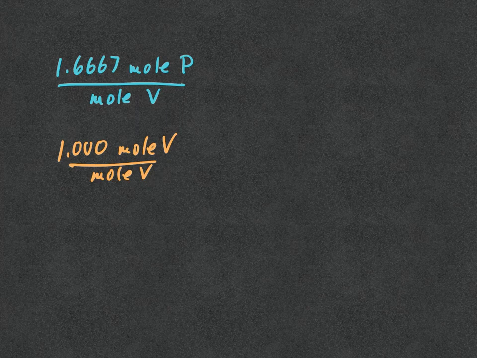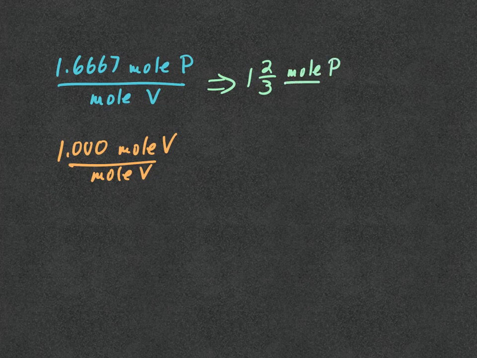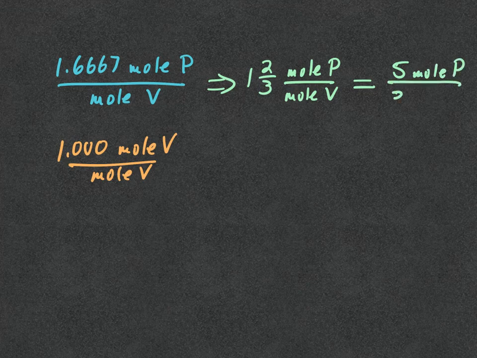If we look at this, this is again where a feel for numbers helps us. That is about 1 2/3 moles of phosphorus per mole of vanadium, which if we expand that is equal to 5 moles of phosphorus per 3 moles of vanadium.